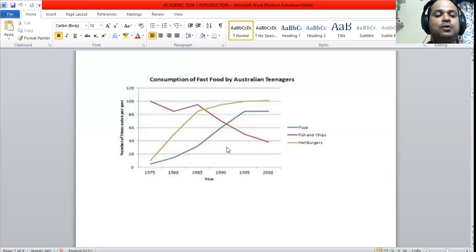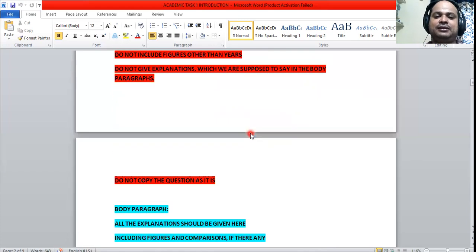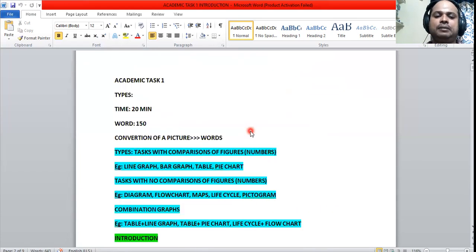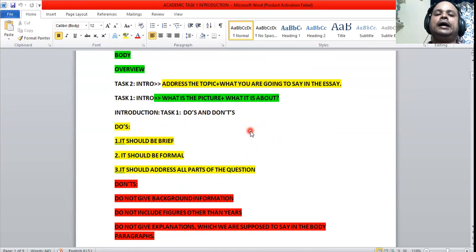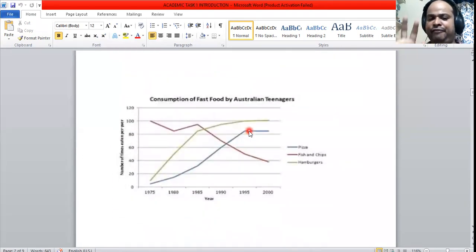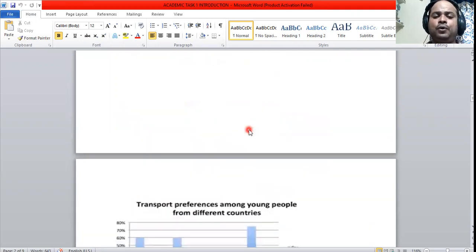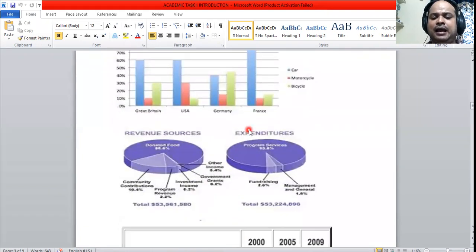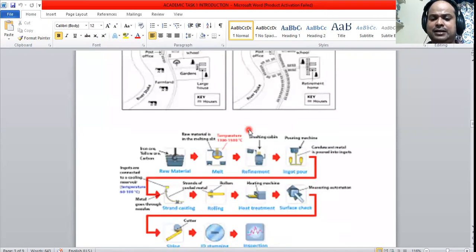Okay, so I have given a brief outline of the pictures in academic task one, a brief introduction and orientation regarding the different types of task one, the classical and non-classical.